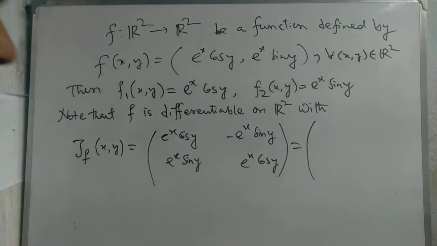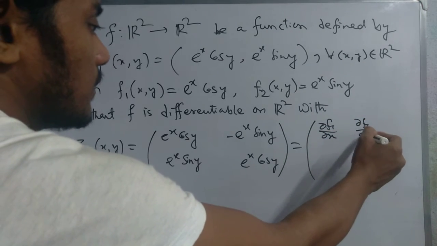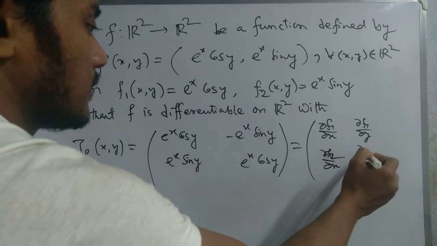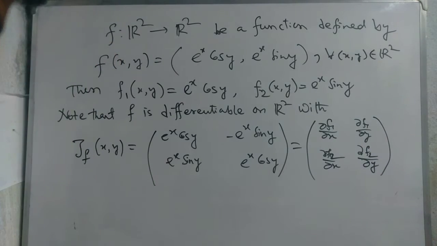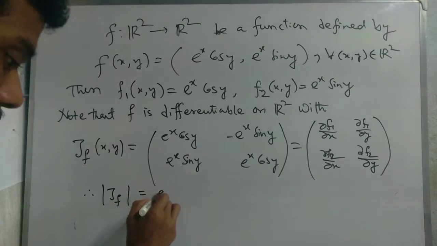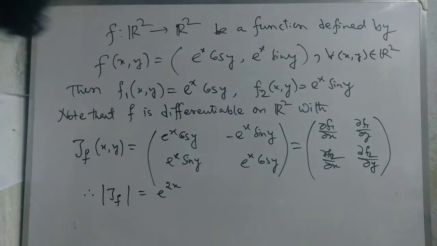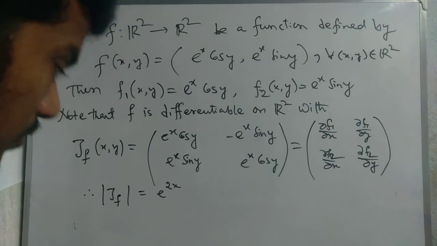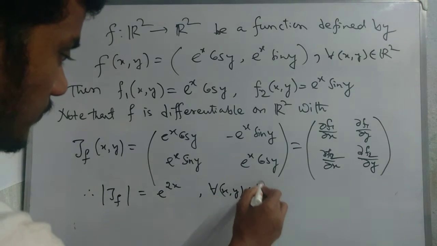We know about del f1 by del x, del f1 by del y, del f2 by del x, del f2 by del y. Then the determinant of this Jf equals e to the power 2x. Now this is for (x,y) belonging to R square.